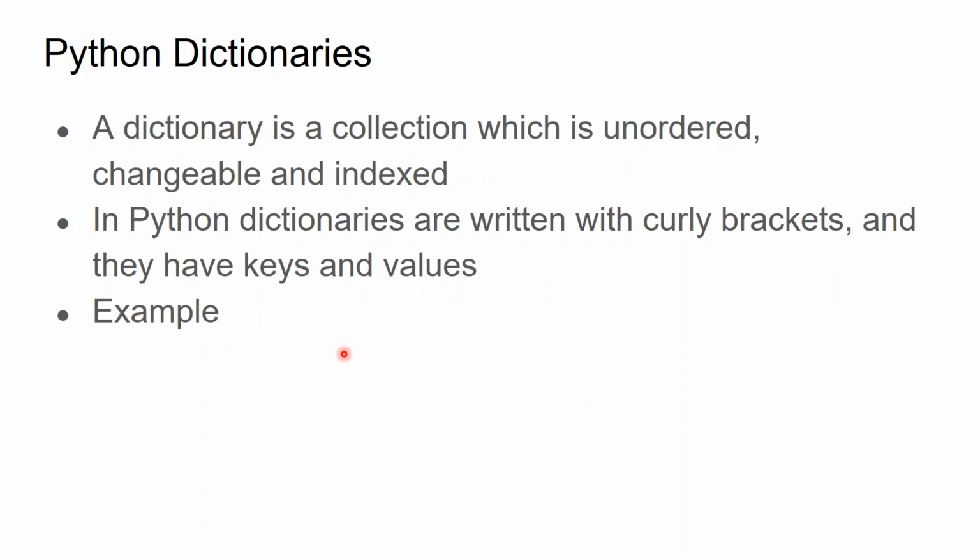A dictionary is a collection which is unordered and changeable and indexed, and it uses curly brackets, and it has keys and values, and you can see this is a dictionary. So if you want to check something, you use some keywords and then see what it means. So in Python, a dictionary also has keys and values, and we see the example first.